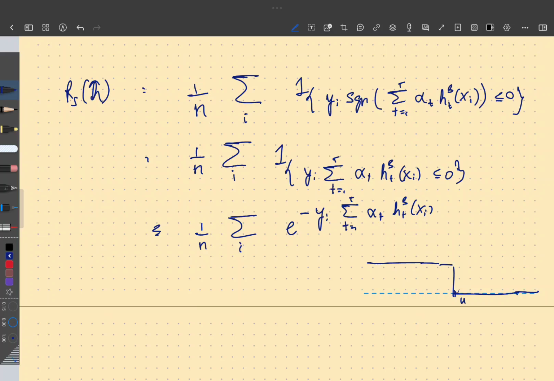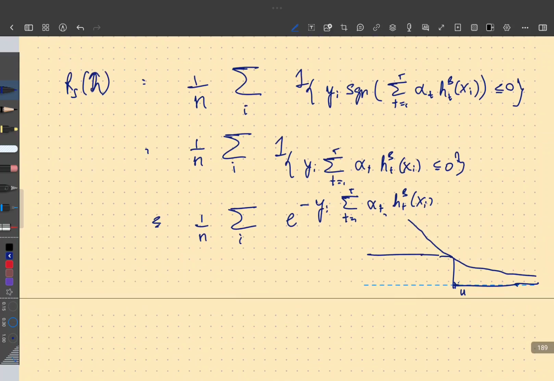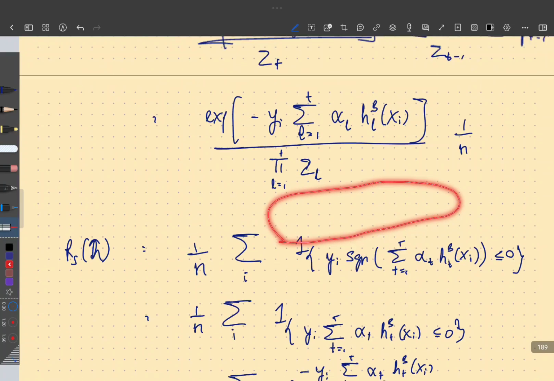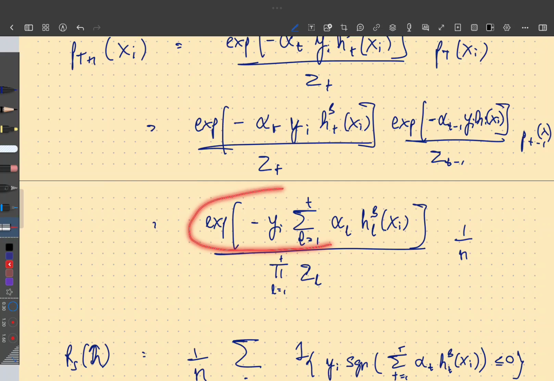It's equal to 1 if u is negative and 0 if u is positive. And e to the power minus u looks something like this. Right? That's all that I'm using. So indicator u less than or equal to 0 is upper bounded by e to the power minus u. But this quantity, this e to the power minus yi times this, is exactly the quantity I have over here in the numerator.